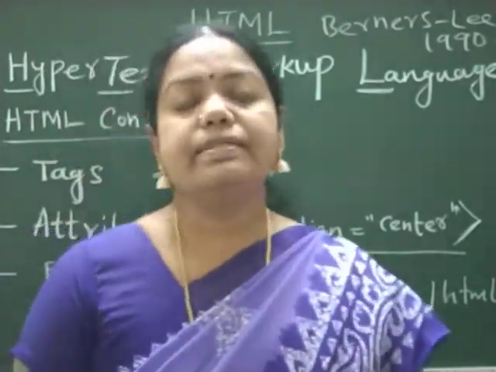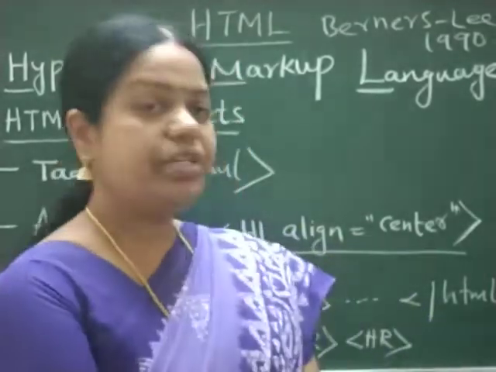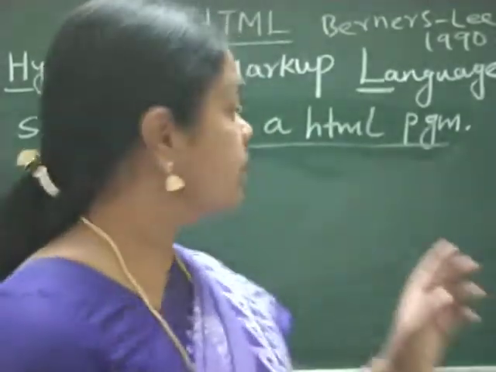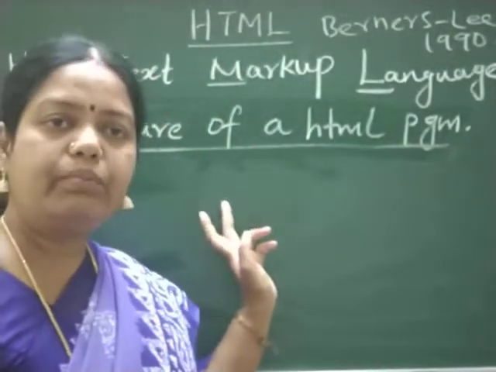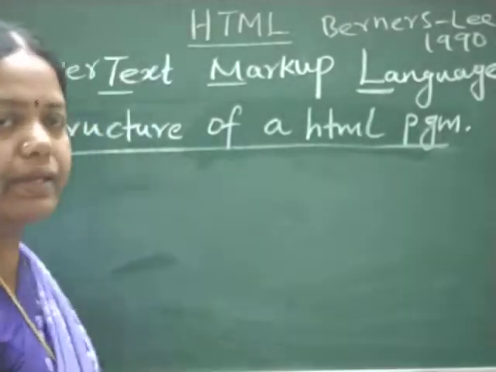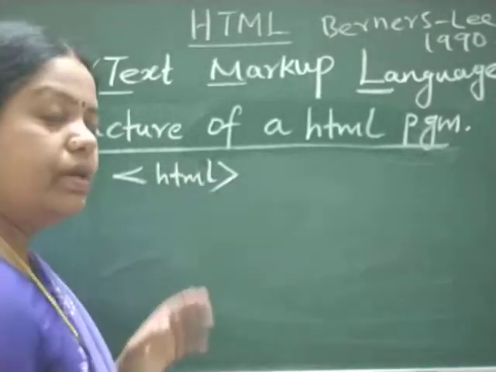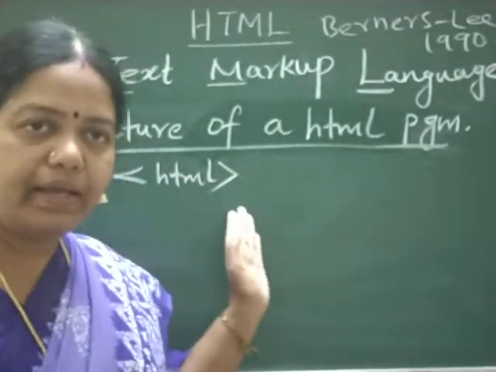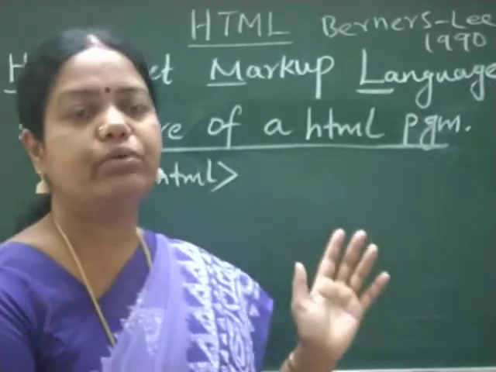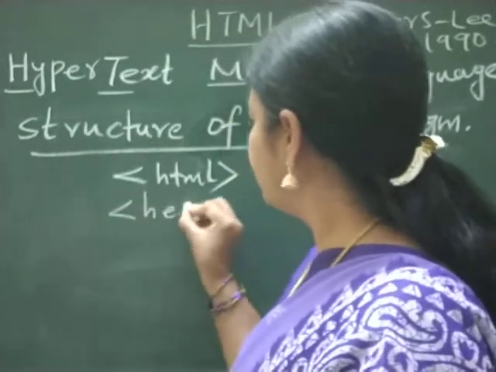Now let us see what is the general structure of the HTML program. In every HTML program, first we have to provide the HTML tag. Inside the HTML tag, the head part, heading related elements we have to include inside the head tag.